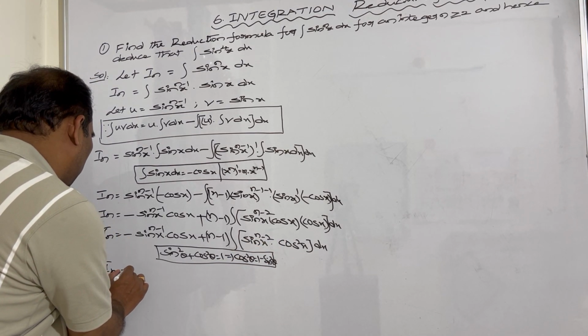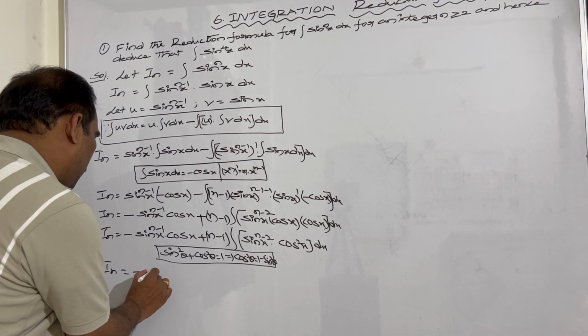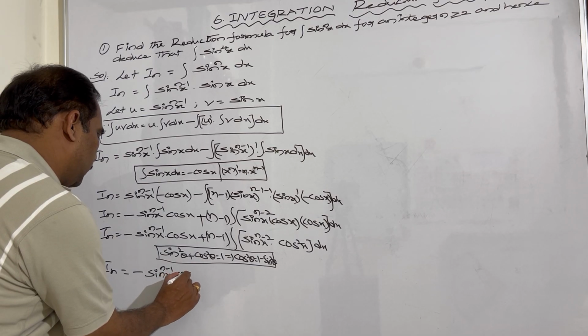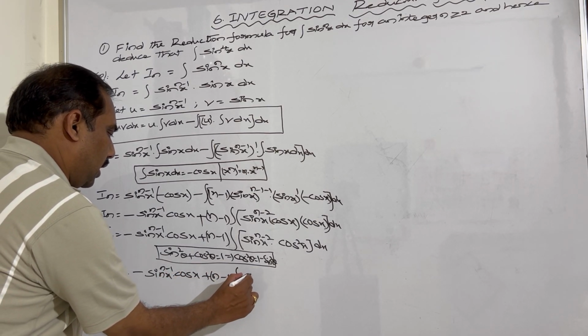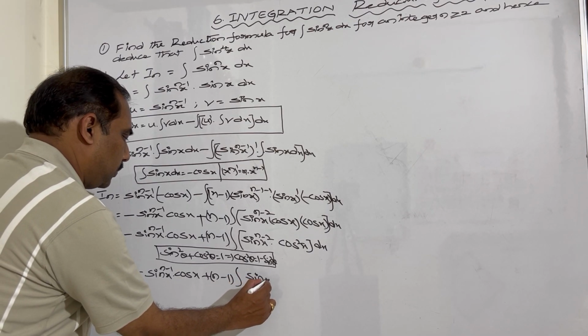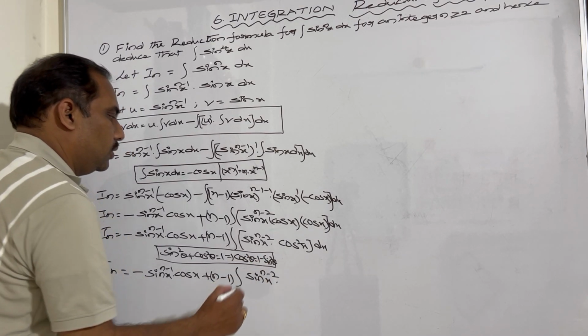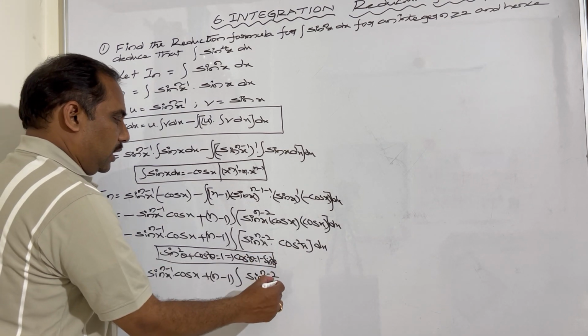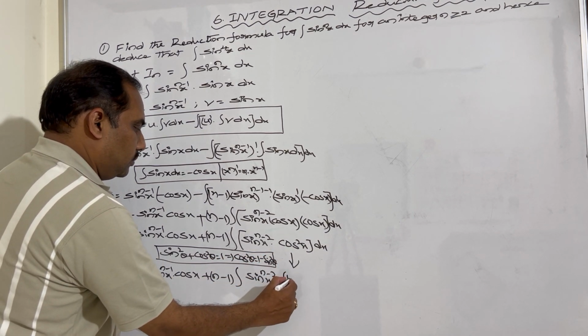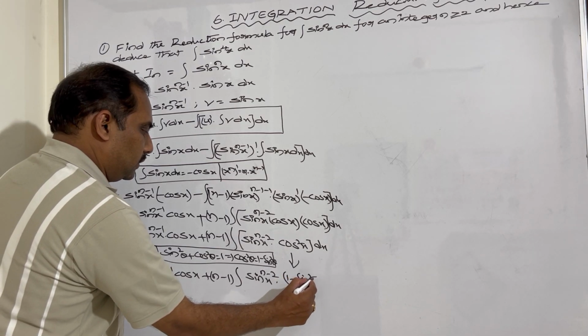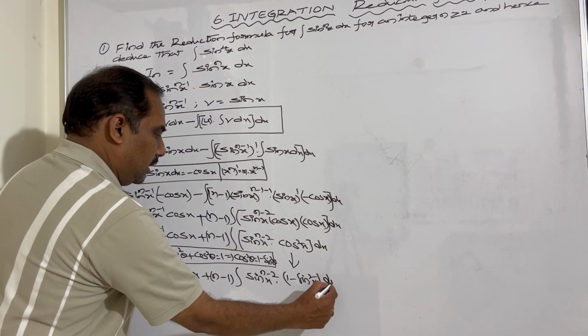Now further it can be written as I_n is equal to minus sin x power n minus 1 into cos x plus n minus 1 into the integral of sin x power n minus 2 into, using this identity, 1 minus sin square x dx.